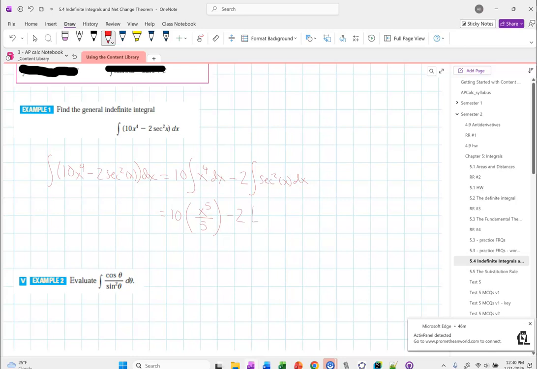Tangent. And at the end I need a plus c. And that's it, I'm done. Notice that this is the same process that we did in 4.9 when we did antiderivatives.